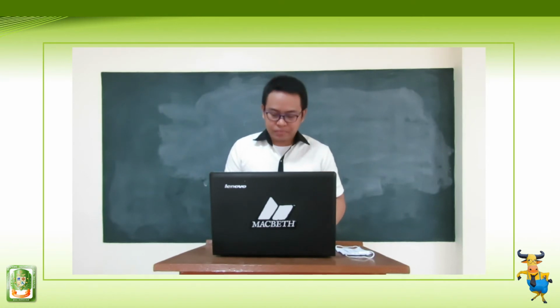Number three, select Step-by-Step Mail Merge Wizard and the Mail Merge task pane will appear at the right side of the document. Number four, choose the type of document you want to create. If you want to create a letter, select Letters.